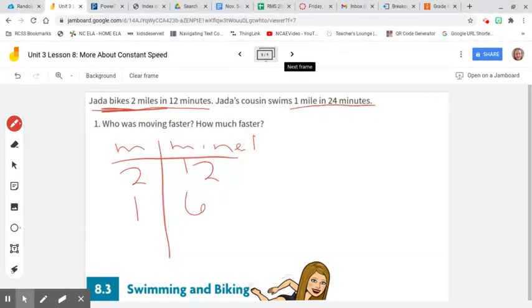Jada's cousin swims 1 mile in 24 minutes. So 2 miles. This one is a hard one, I'm not going to lie. Because I'm trying to figure out how much faster.